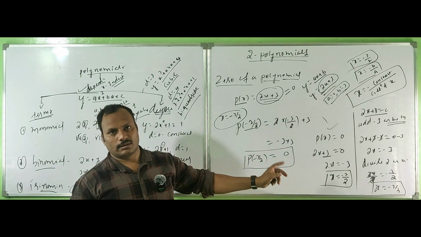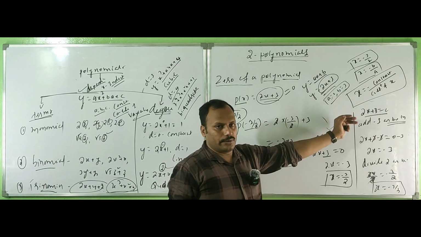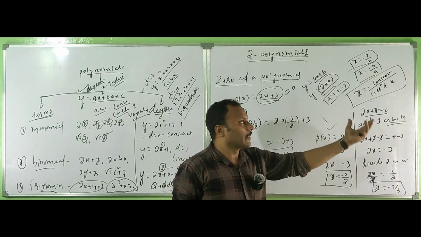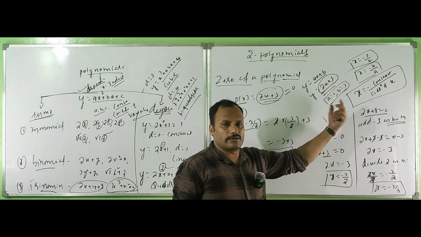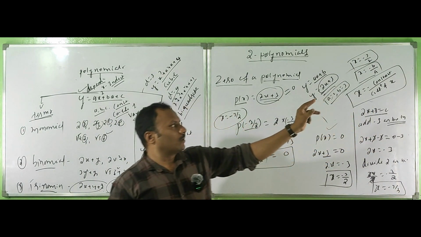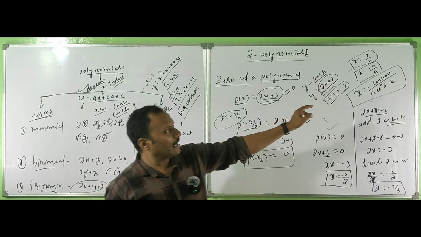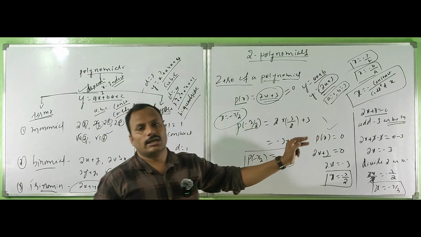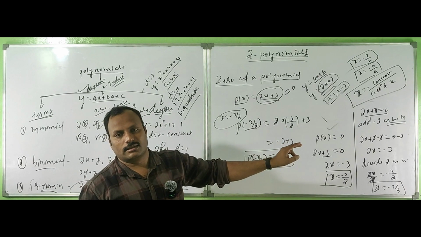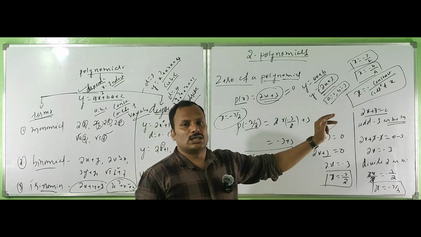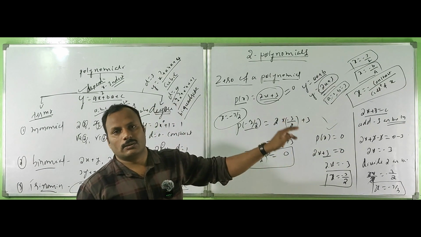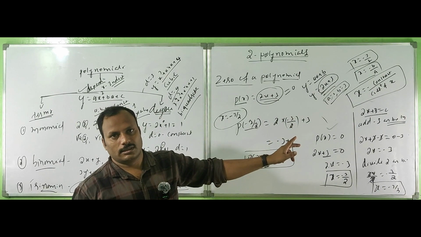Whatever the function ax plus b may be, 2x plus 3, 5x plus 3, the negative ratio of the constant to the coefficient of x is the zero of a linear polynomial.